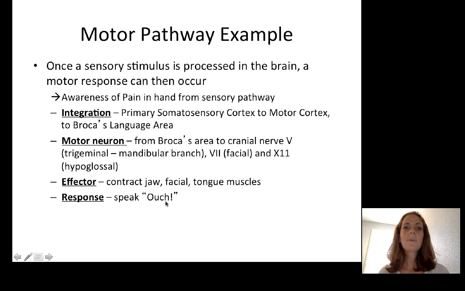So each of these pathways involved various areas of the brain, spinal cord, and various receptors in the peripheral nervous system to be able to sense the stimuli and to respond to them.